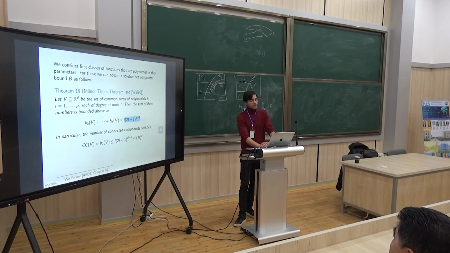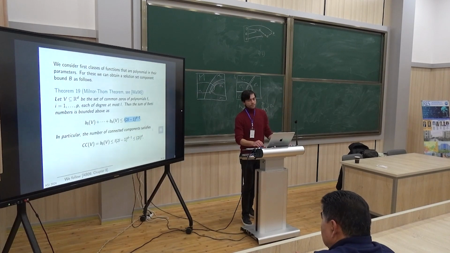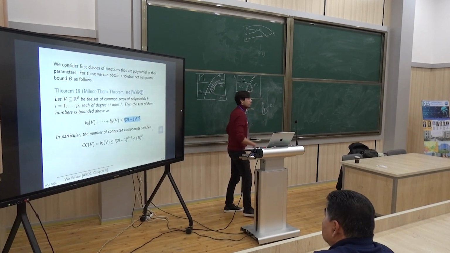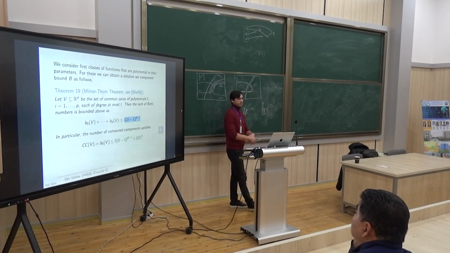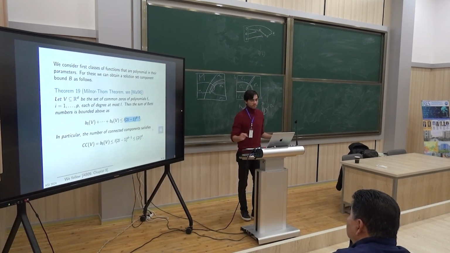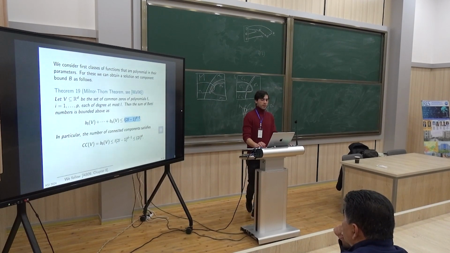The number of connected components is still bounded by this, and for simplicity we can just write 2L to the power D. All right. So if we knew that we have a hypothesis class that is parameterized by a polynomial of a certain degree and with a certain number of parameters, then we could use this as a solution set component bound.